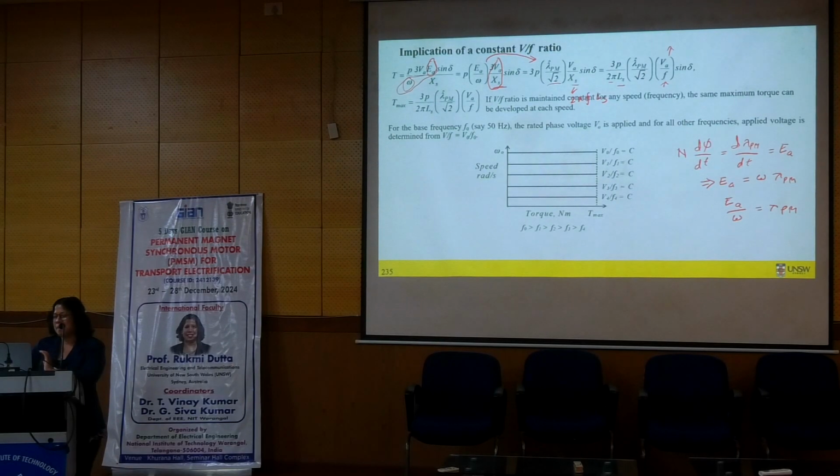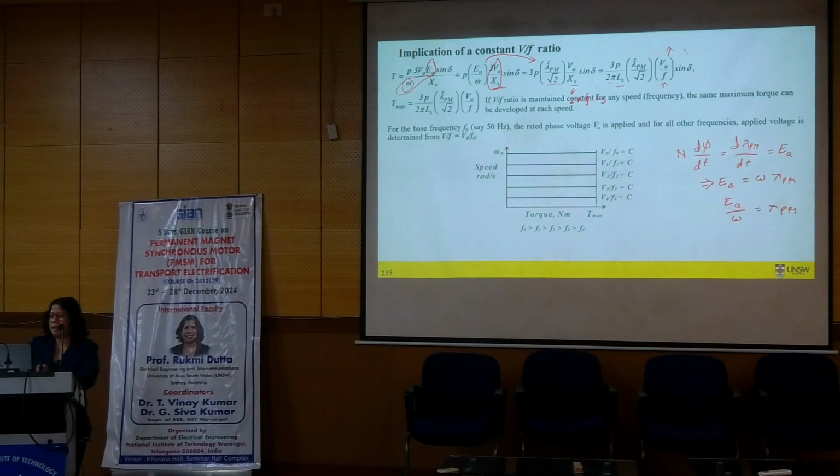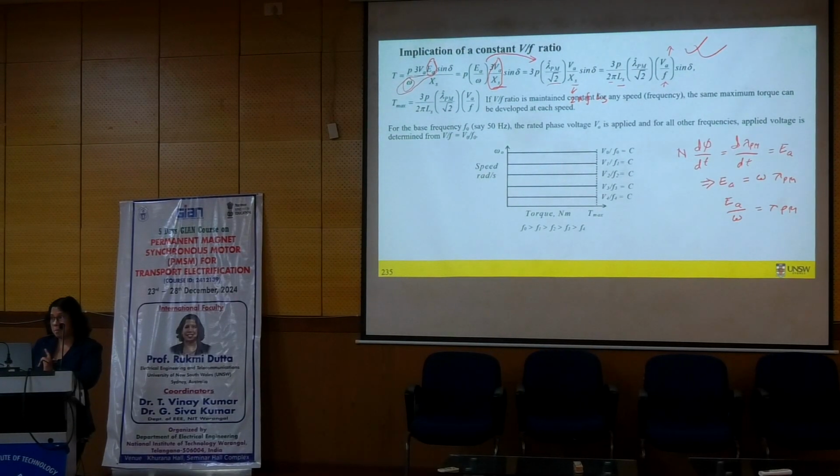The main reason is that when we developed this power equation, remember, we ignored resistance. We said that the resistive drop I times R is negligible compared to E, the back EMF. But at low speed, this EA is small, and EA becomes somewhat comparable to IA times RA.